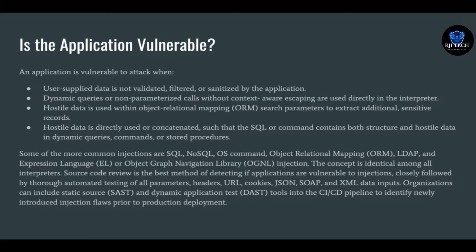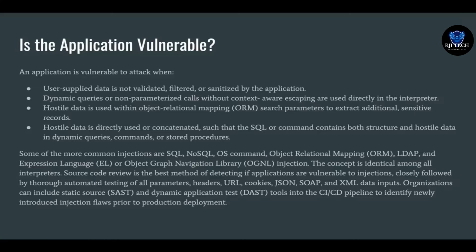Some of the more common injections are SQL injection, NoSQL injection, OS command injection, object relational mapping injection, LDAP injection, expression language injection, and object graph navigation library injection. The concept is identical among all interpreters.